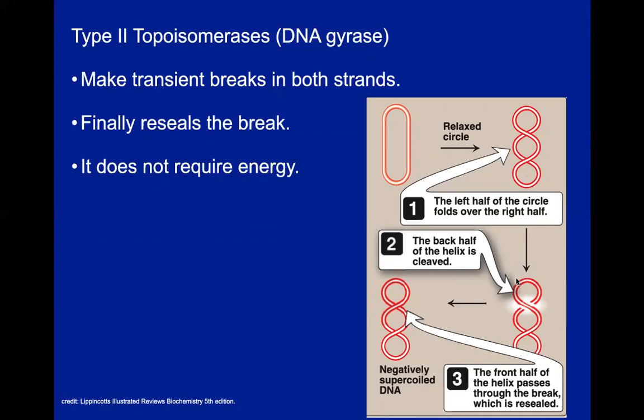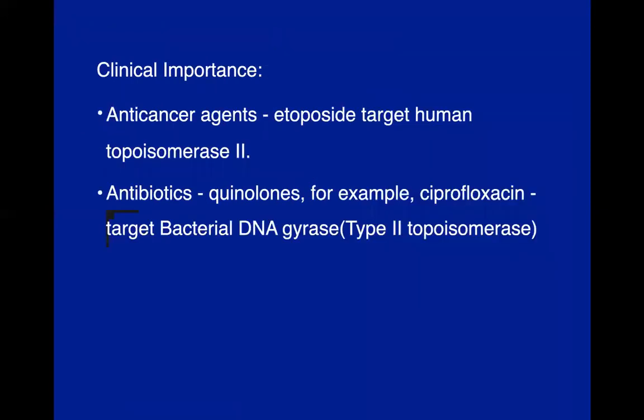It cuts it, then it is wound over the cut. So now you can see one coil is released, and the front half passes through the break, which is resealed as in the previous. So this type 2 topoisomerase causes double strand break and type 1 topoisomerase single strand break. They relieve both the supercoils.